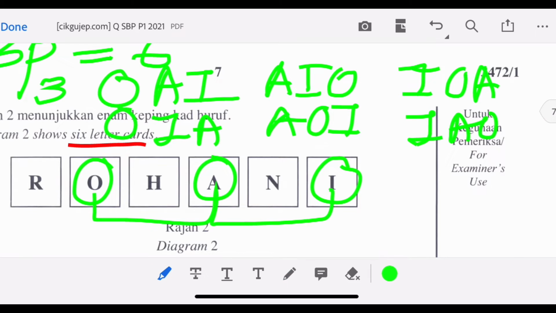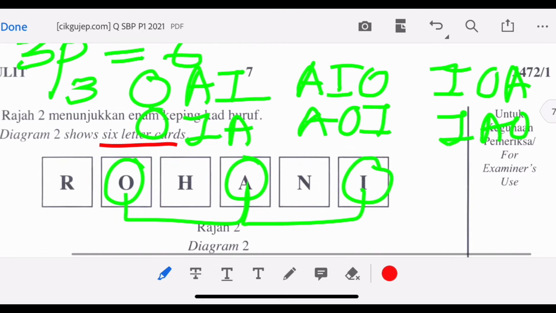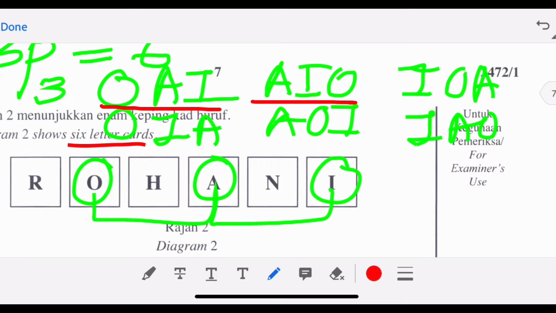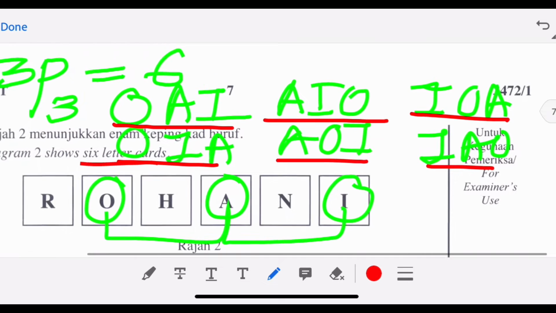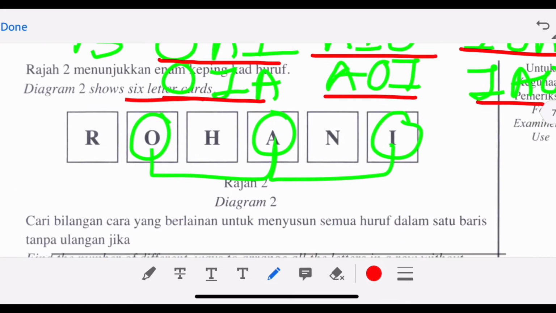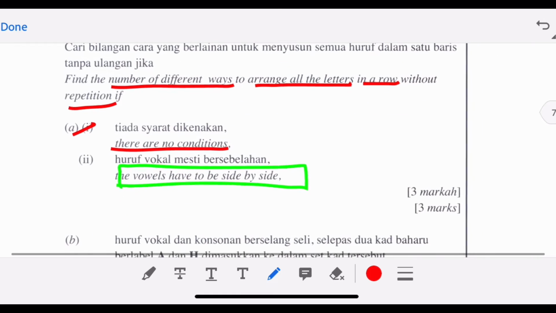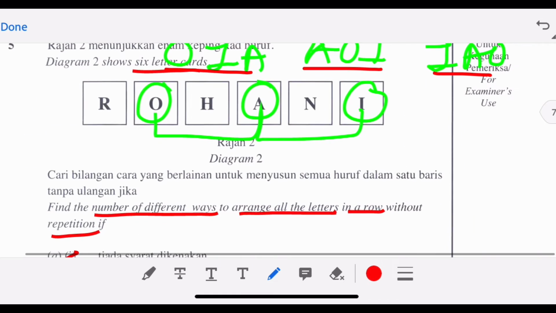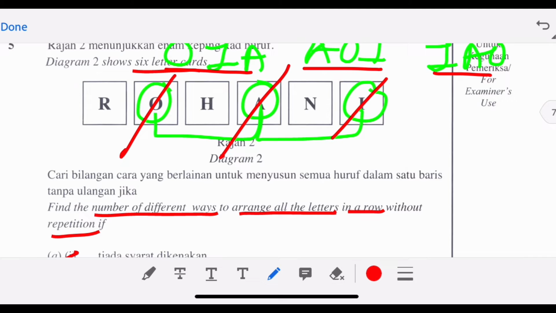We can see clearly there are 6, right? The 6 shows that the vowels are side by side, right? So we have 6 ways to make sure the vowels are side by side. But after that, we take out these 3 letters OAI and then we put them in a box.